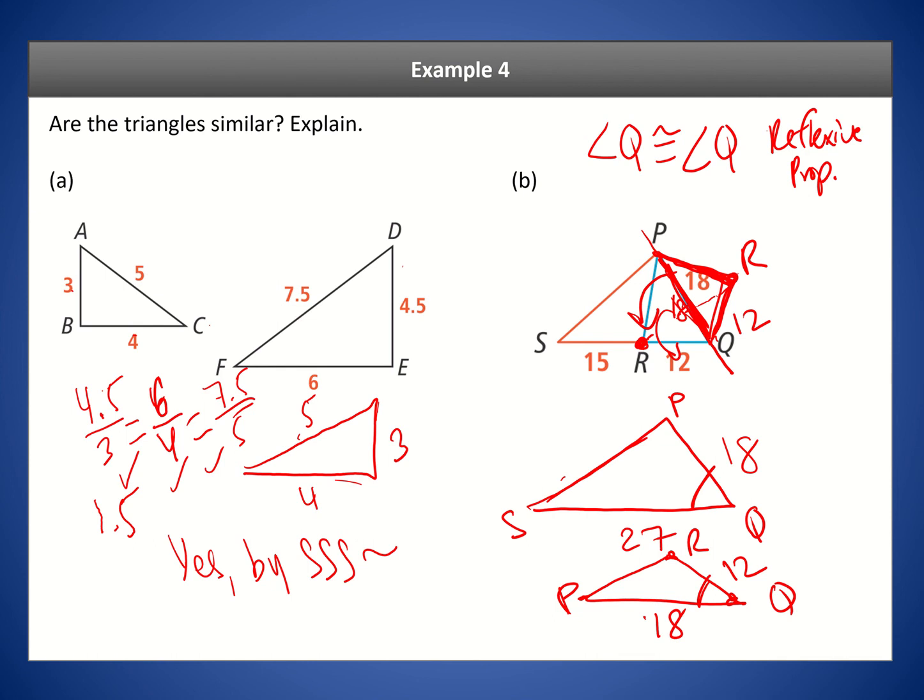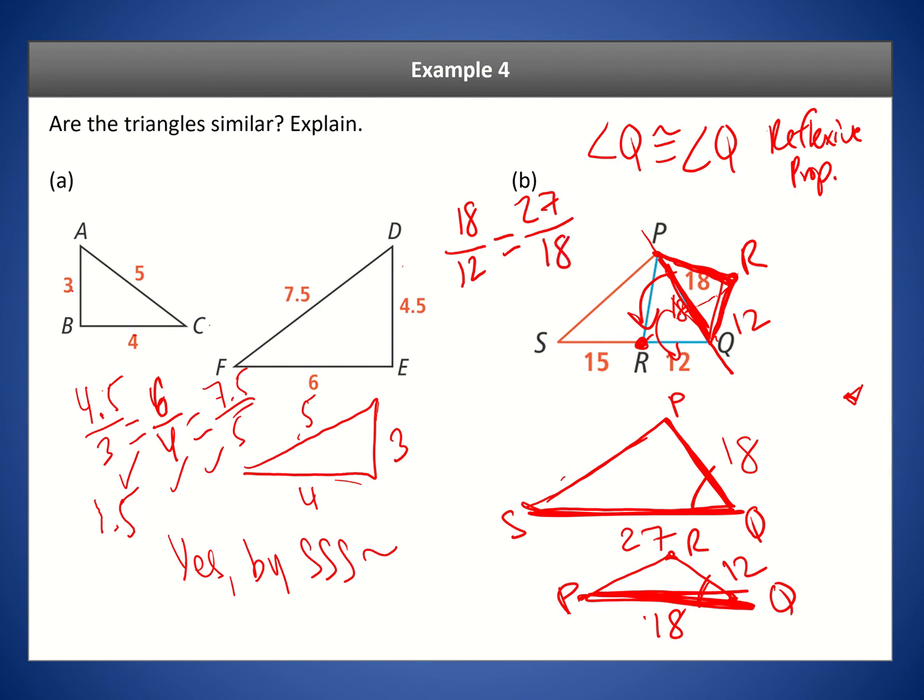And we can show that the sides are proportional. So PQ looks proportional to RQ. Let's see if that's true. 18 divided by 12, and we have to see if that's equal to SQ over PQ right here. So SQ is 27 and PQ is 18.